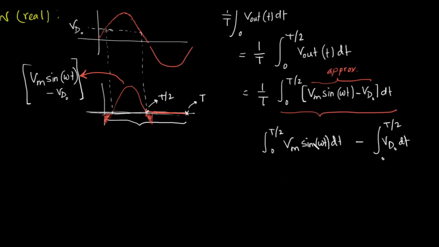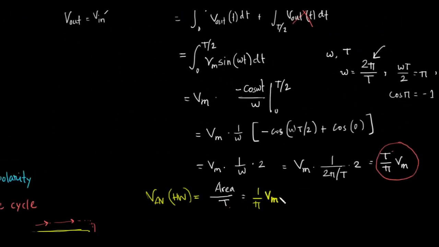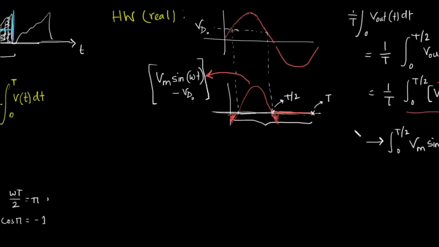I have just broken apart the integrand. We have already found what this is. What was the value of this? We found that the value was T by pi over Vm. So let's put in that value.